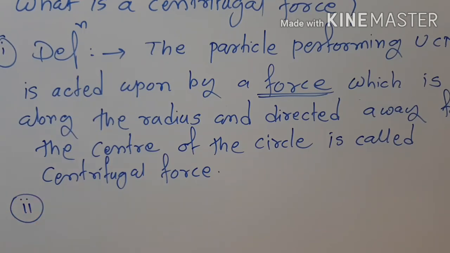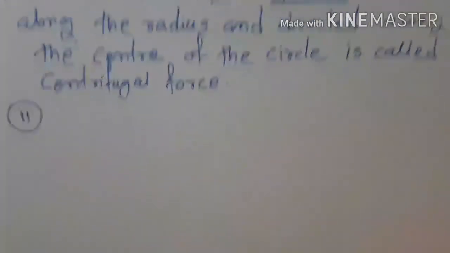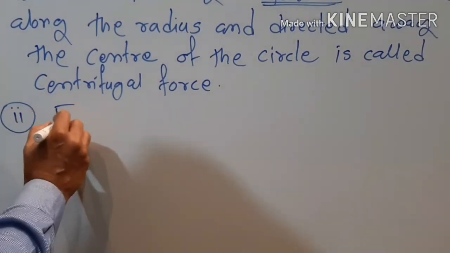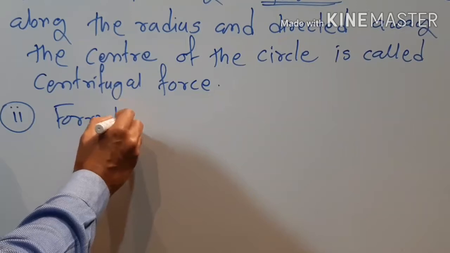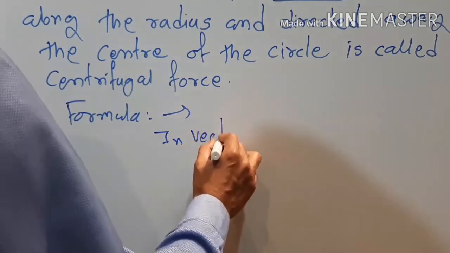Now the second point is the formula. Let us see first in vector form.